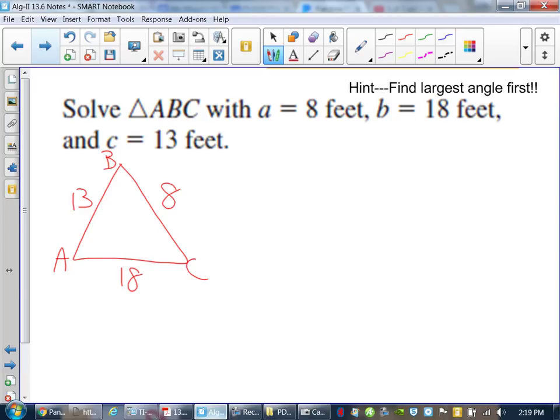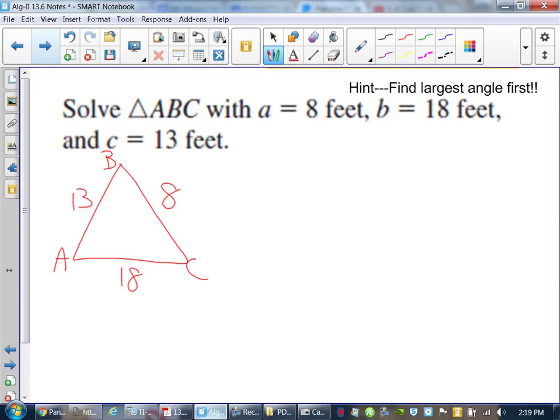what you always want to do is try to find the largest angle first. In doing that, not only does the ambiguous case go away, but a lot of the other mistakes that can happen go away too. With the law of cosines, if you do things in different orders, because of the possibility of the ambiguous case, you could so easily get weird numbers.